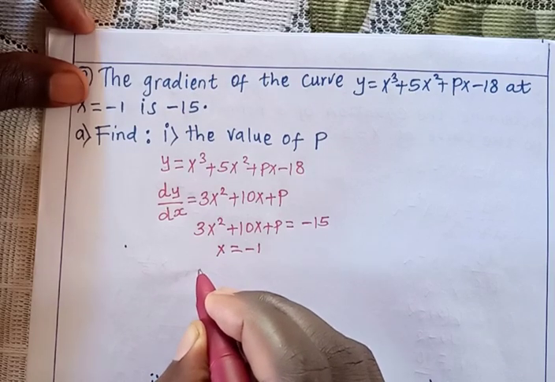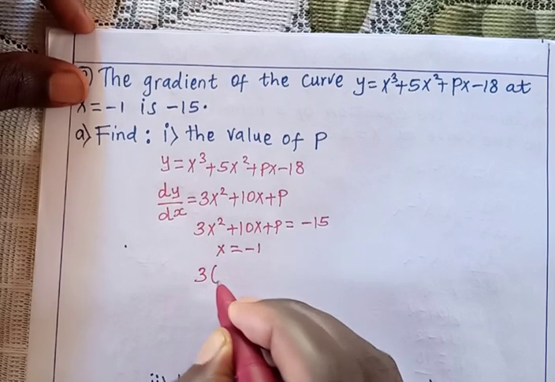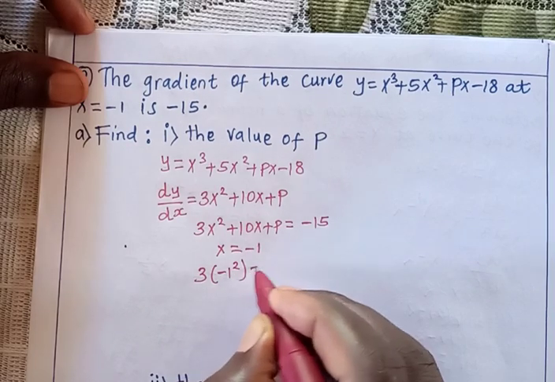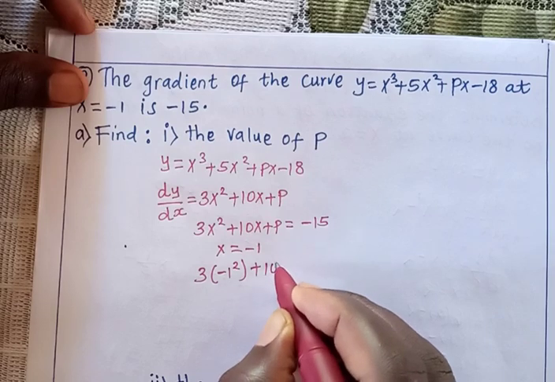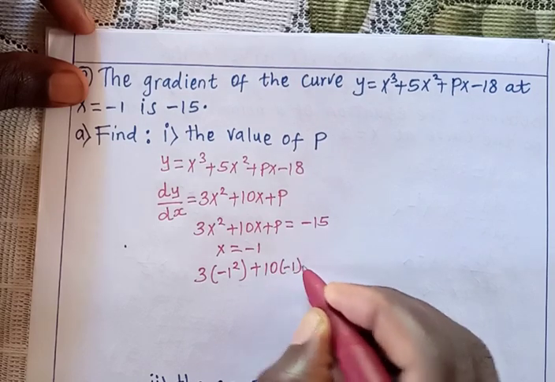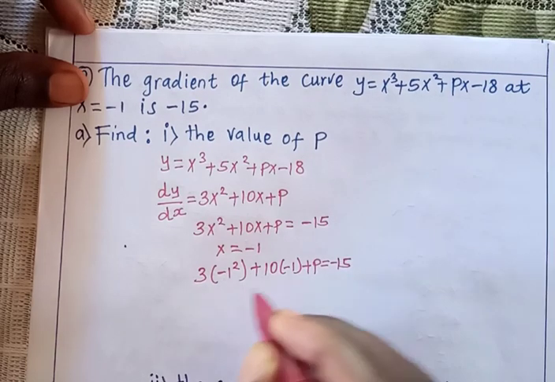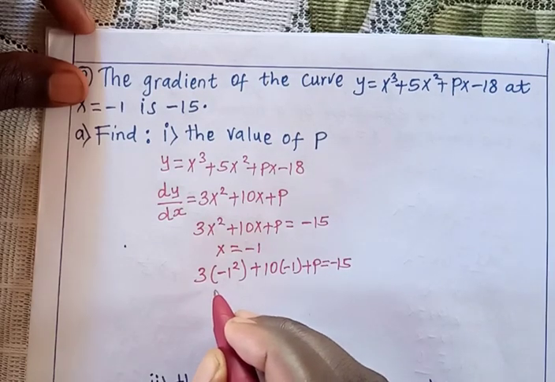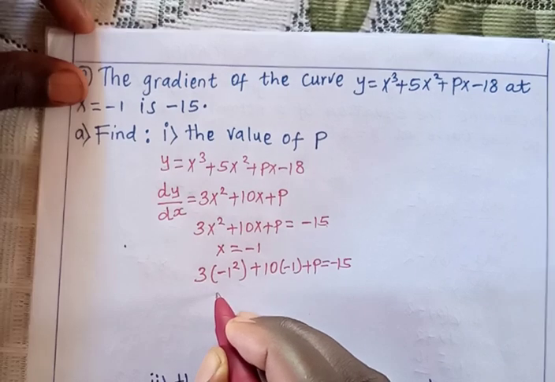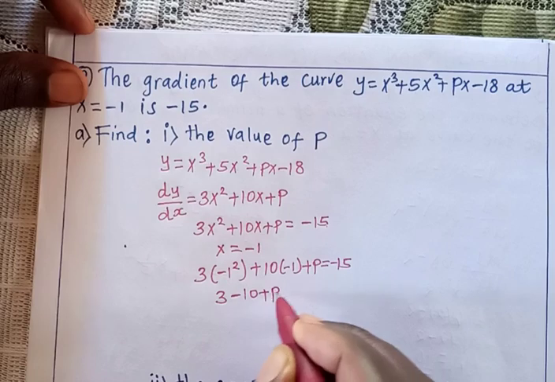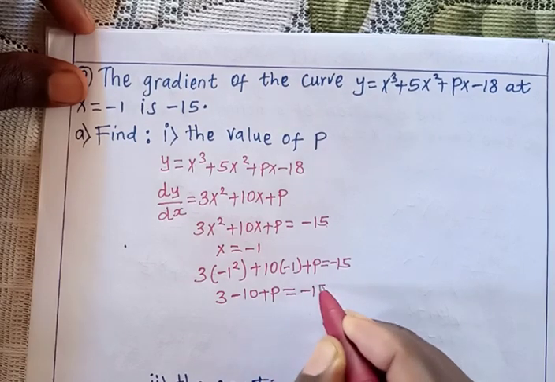Now we are going to say that 3 into negative 1 squared plus 10 into negative 1 plus p is going to give us negative 15. Negative 1 squared is positive 1, so this is 3 minus 10 plus p is equals to negative 15.